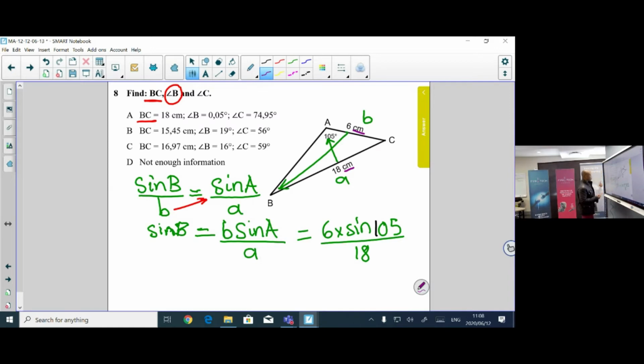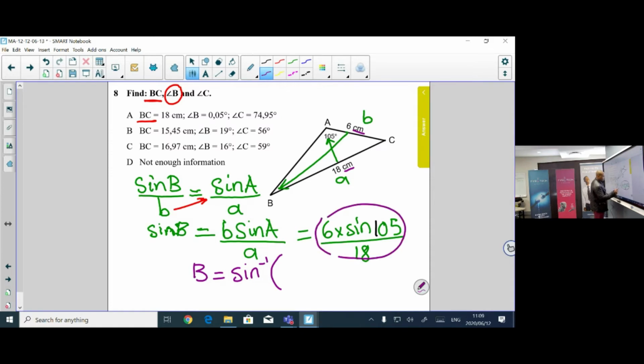Okay, so I'm sure you worked something along these lines, and you got your B. To get your B, you'd need to say B is equals to arcsine of whatever answer you get here.